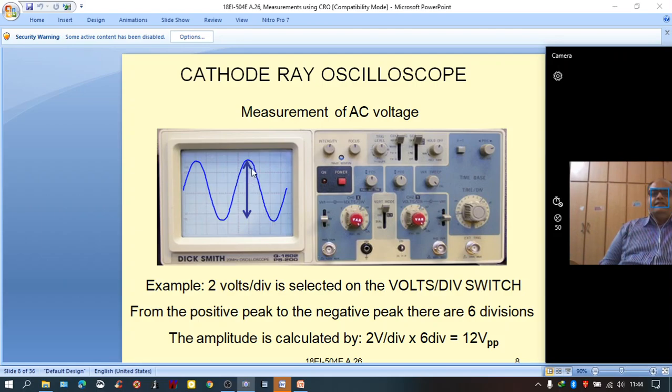It is taking 1, 2, 3, 4, 5, 6 divisions. The signal is occupying 6 divisions for peak to peak change. So 6 divisions with each division corresponding to 2 volts, the total peak to peak voltage of the applied input AC signal is 12 volts peak to peak.